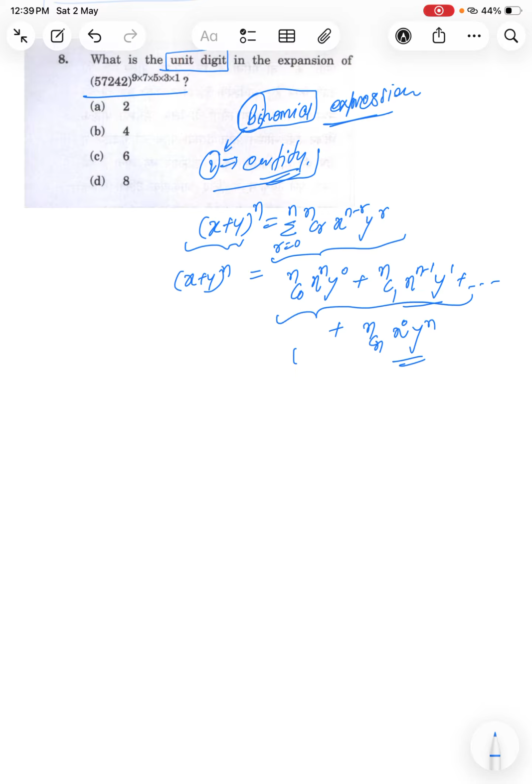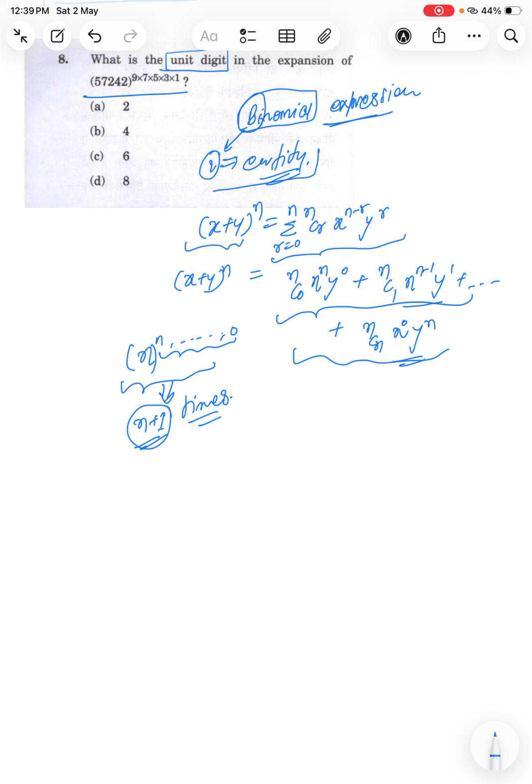How many terms will be there in this expression? Just observe the power of x. It varies from n, decreasing up till 0, right? So x is coming n plus 1 times.